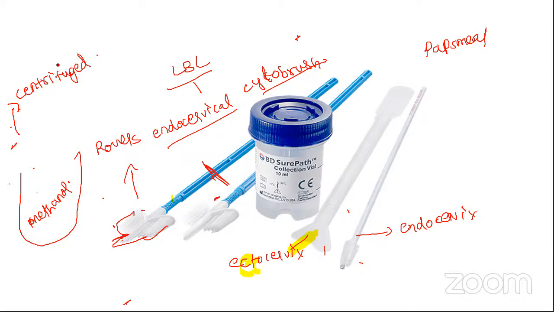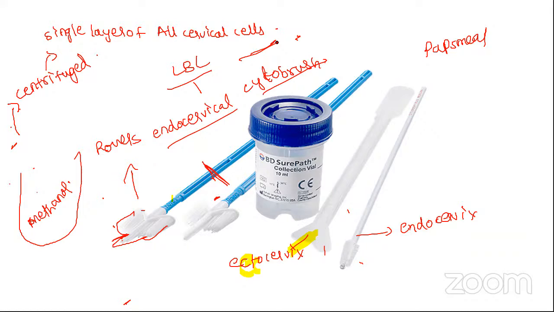On centrifuging, you get a single layer of all cervical cells, where you can detect the abnormality. So sample adequacy is more, detection rate of cancer is more, and this same sample can be used for HPV DNA testing also. Okay, so those are the screening methods.